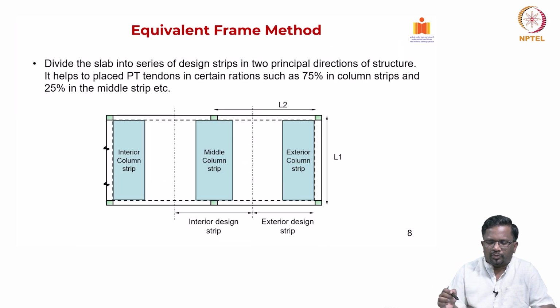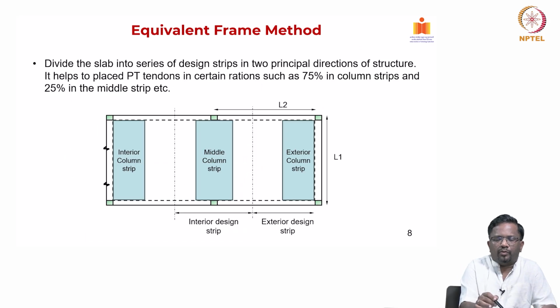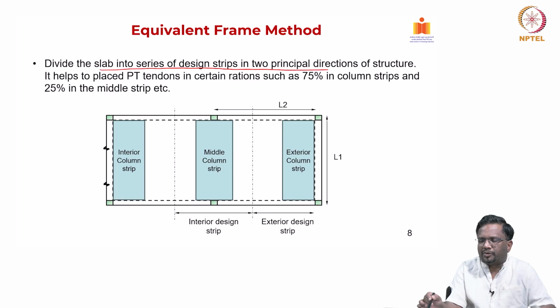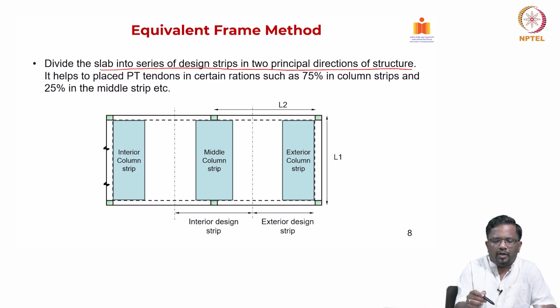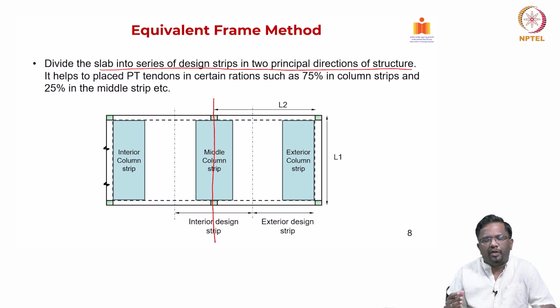Okay. Now, this is what we said. Typically, we are going to divide the slab into a series of design strips in two perpendicular directions of the structure. And why do we do that? For example, let us say I take one particular frame, right. So, you see here, this is the typical frame that I am doing, right. So, I will have a middle column strip.